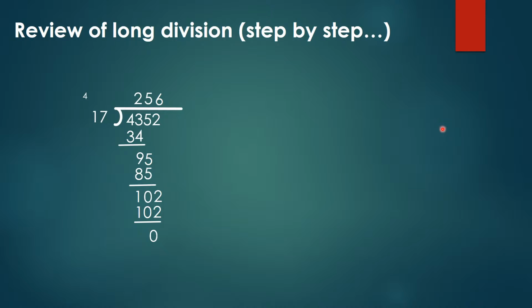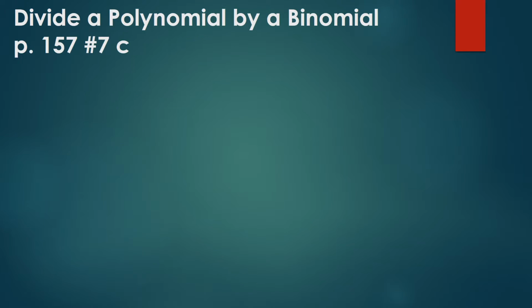We looked at this lesson already, but we're going to look at it in more detail, dividing a polynomial by a binomial. In this case, we're working on page 157, and we're going through sample 7C.